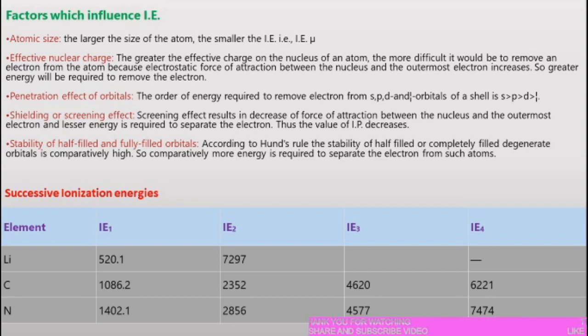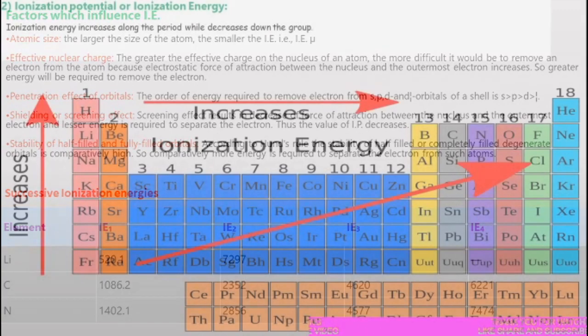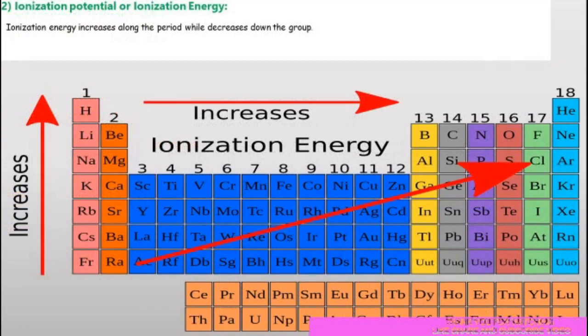According to some points, the factors that influence ionization energy: atomic size is the first point. The larger the size of the atom, the smaller the ionization energy. Here in the earlier image you can see the size decreases left to right.